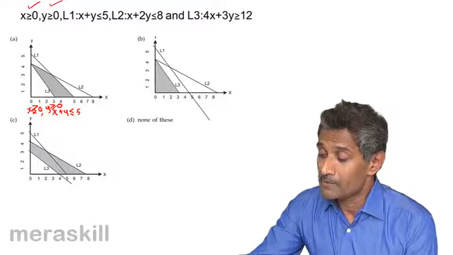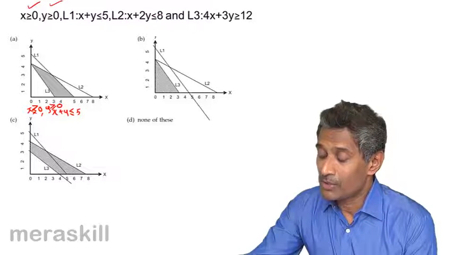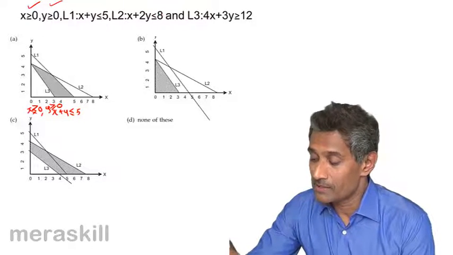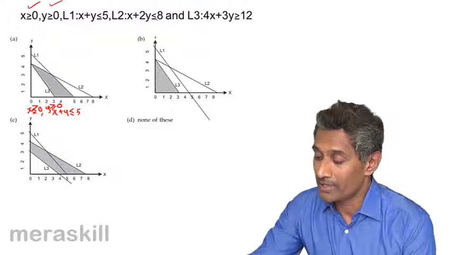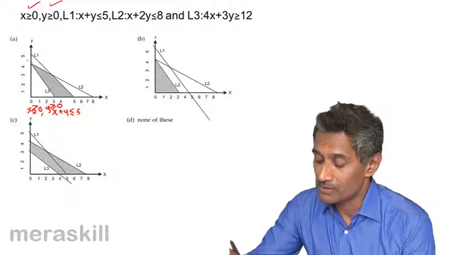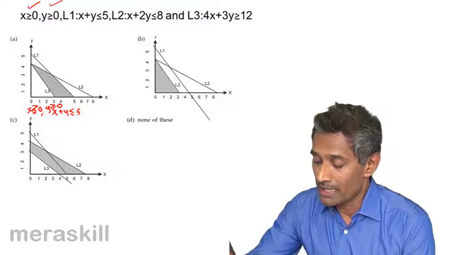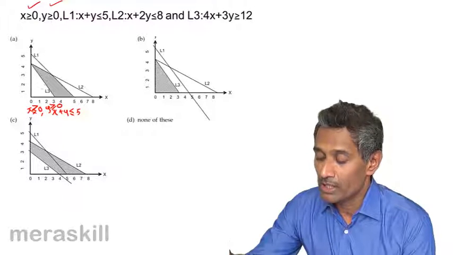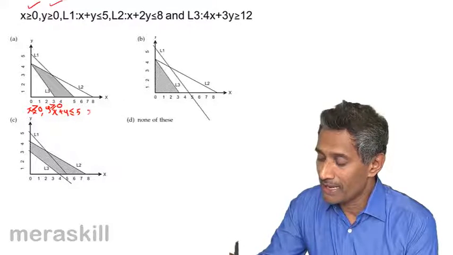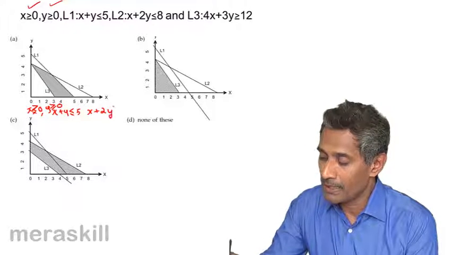Coming to x plus 2y less than or equal to 8. X plus 2y less than or equal to 8 is line L2. This is the line L2. Again, this region is on the origin side. So we have x plus 2y is less than or equal to 8.